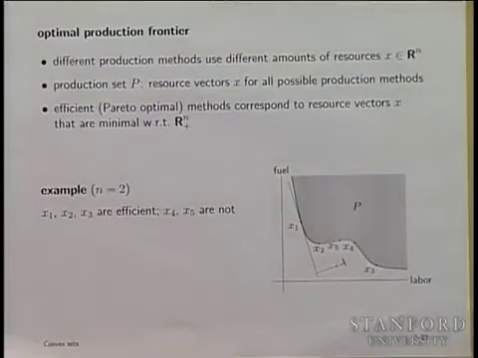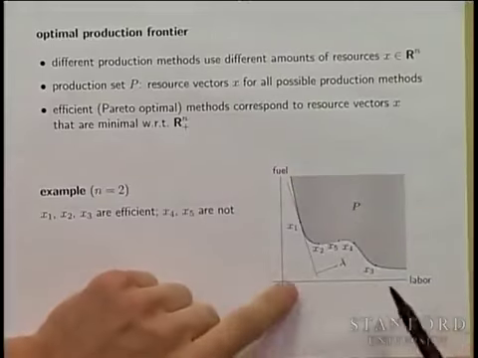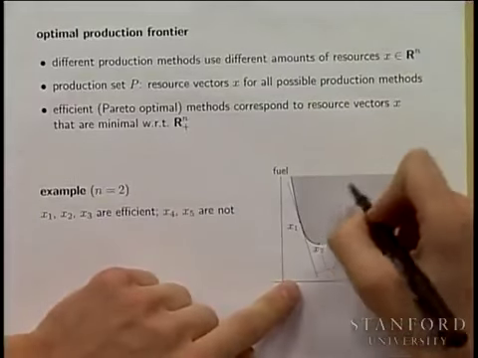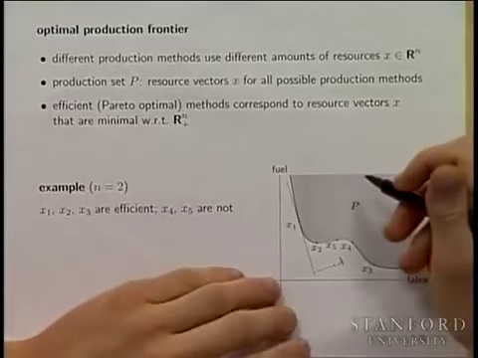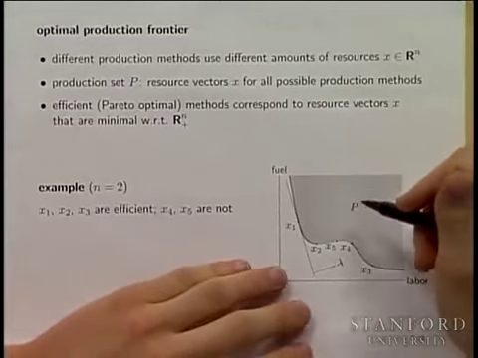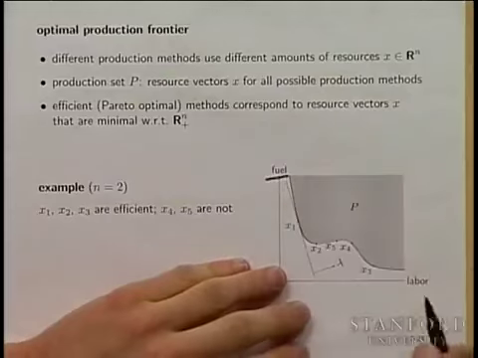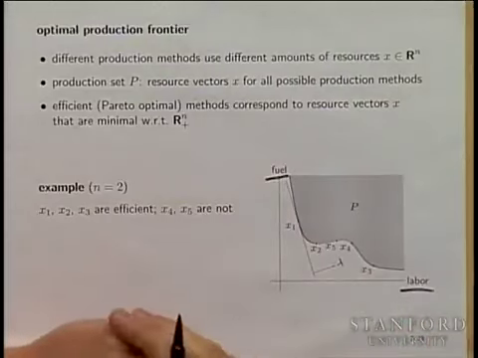Okay. So last thing today is what we call the optimal production frontier. And you've probably seen this before, especially in 263, where we talk about it with a very simple production frontier. And here's what it says. P is a set of possible production methods. On this axis we have fuel, and on this axis we have labour.